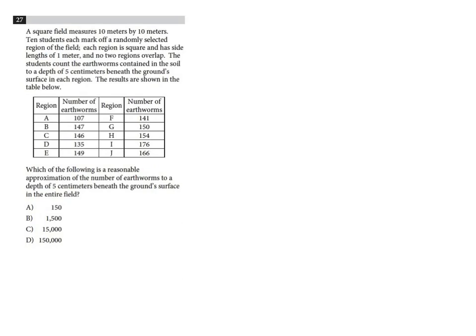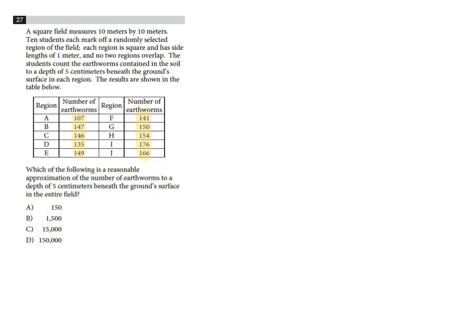Well, if we take an average of the number of earthworms in all of these regions, and each region is 1 square meter, then we can multiply that by the total area in square meters for the whole field. So we're going to add up these and these, and then we're going to divide by 10 because there are 10 separate regions.